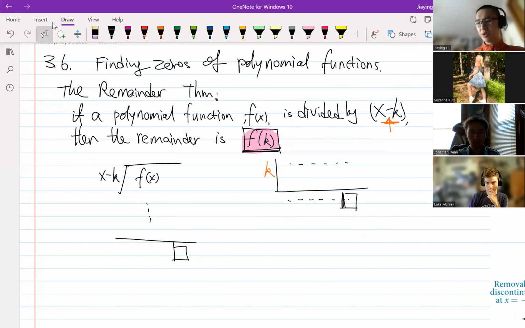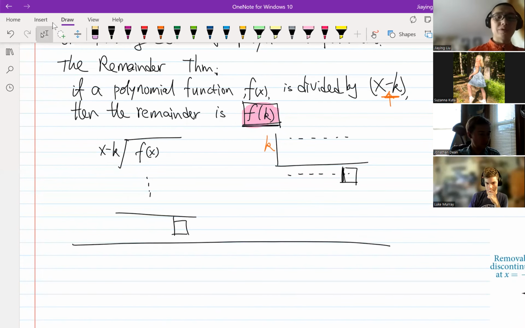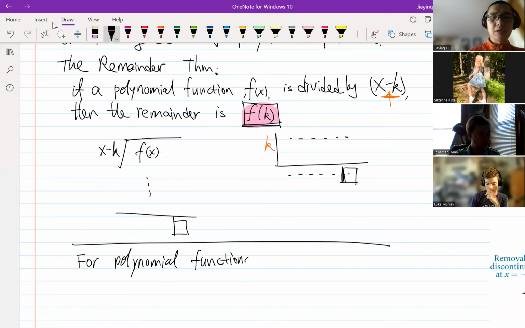Now, why is this useful? This is useful not just because we want to find the remainder, but sometimes we want to know if the remainder equals 0, because for polynomial functions, the following are equivalent.